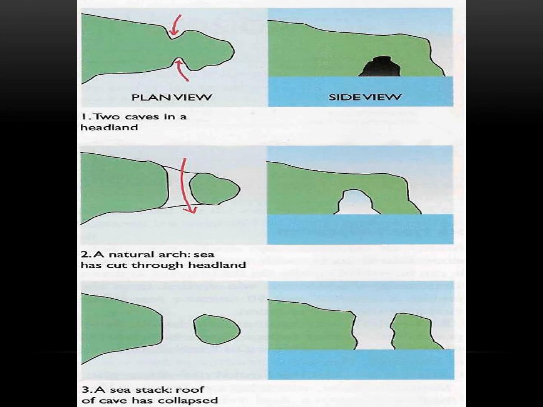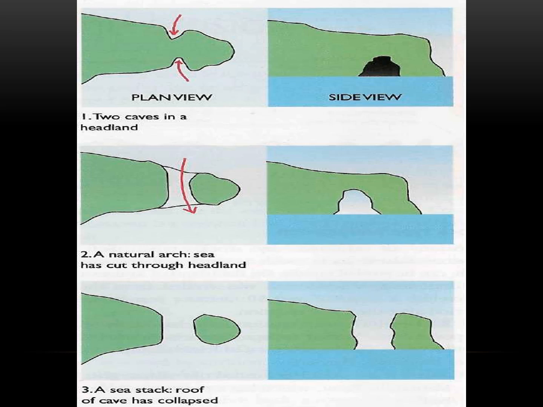So here we have the process of wave refraction. Remember that? Wave refraction, where the water actually attacks the coast at an angle, so it is curving. Well, here you have it happening right here on both sides, and it will actually act upon the headland on both sides, creating a cave.